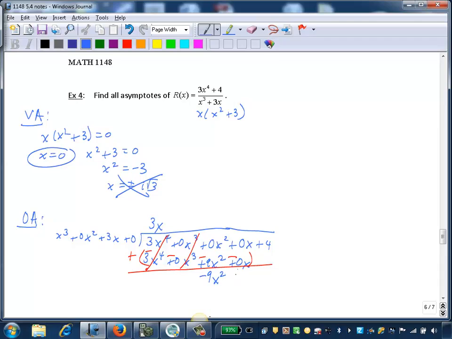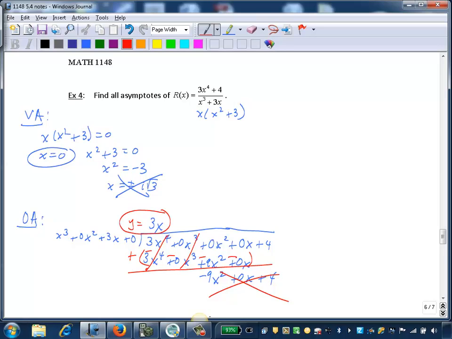And if we want to bring down our 0x plus 4, we can see now x cubed will not go into negative 9x squared, so we're done, and we don't care anything about the remainder. We don't care about anything down here. All we care about is the quotient. So our oblique asymptote will be at y equals 3x. So our oblique asymptote, y equals 3x.